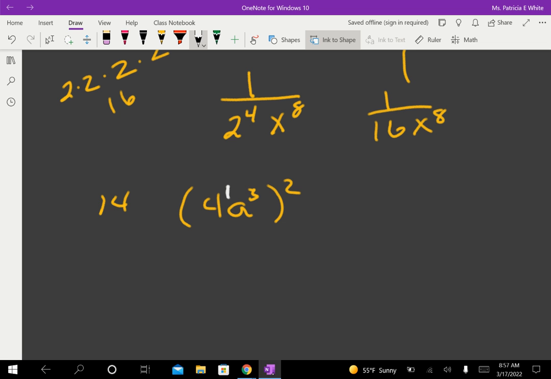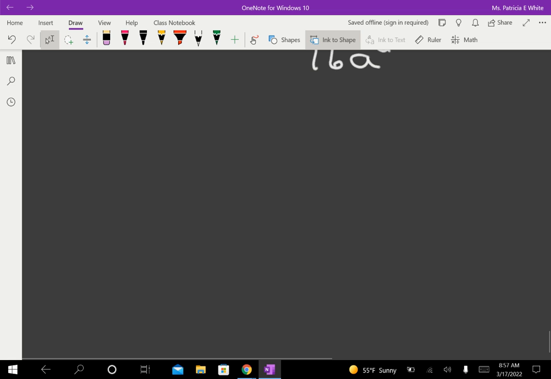So I have got to distribute in, I got to expand it. 2 times 1 is 4 to the 2nd power. 2 times 3 is a to the 6th power. Everybody's positive, so I don't have to do any flipping. 4 times 4 is 16, so I have 16a to the 6th power. Okay? All right, another one with some flipping.